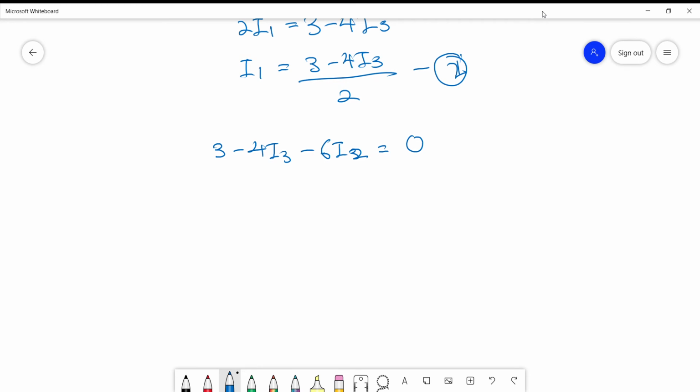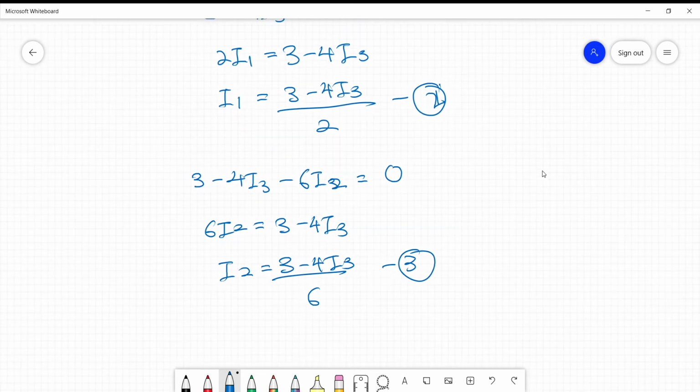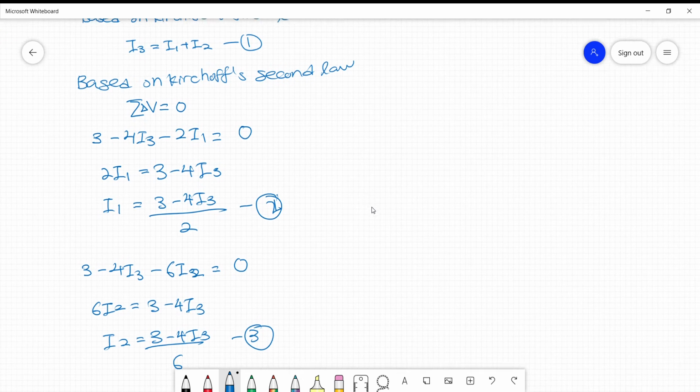If I express in terms of I2, 6I2 equals 3 minus 4I3, so I2 is (3 minus 4I3) divided by 6. This is the third equation. Now we have all the equations that we need.